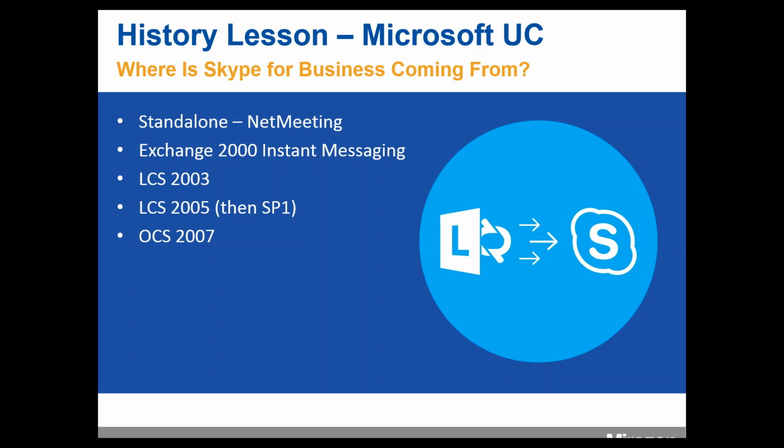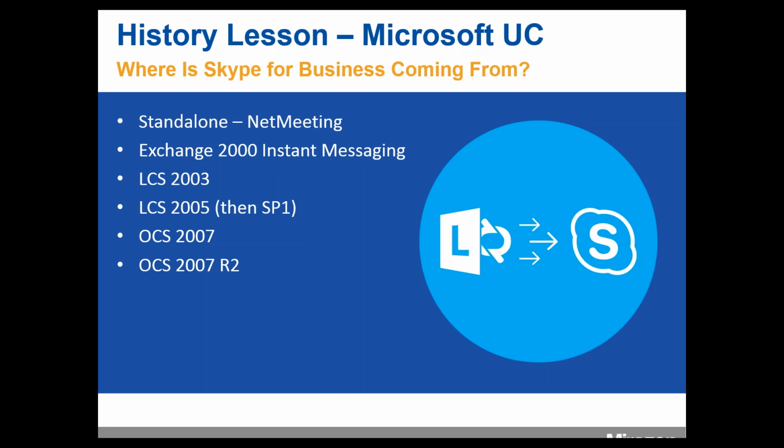As these suites have progressed and matured, more and more feature sets have been added. Instant messaging, of course. Presence, the red, yellow, green status to know who is available and who's busy and who's away from their desk. When OCS 2007 R2 hit, there were some really great things that happened. They started adding PBX integration.